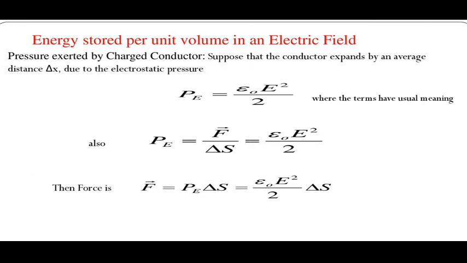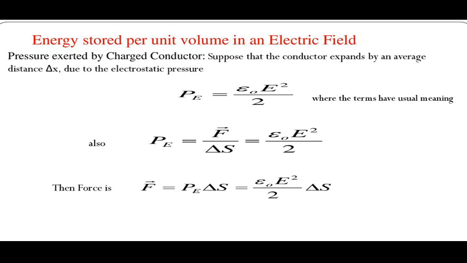Let us say that under the effect of that pressure, that area element delta S moves through a small displacement or distance delta x. Now we know that the pressure exerted by this charged conductor is epsilon naught E square by 2, or in terms of force we can write it as epsilon naught E square by 2 times delta S, where delta S is the area of the area element.